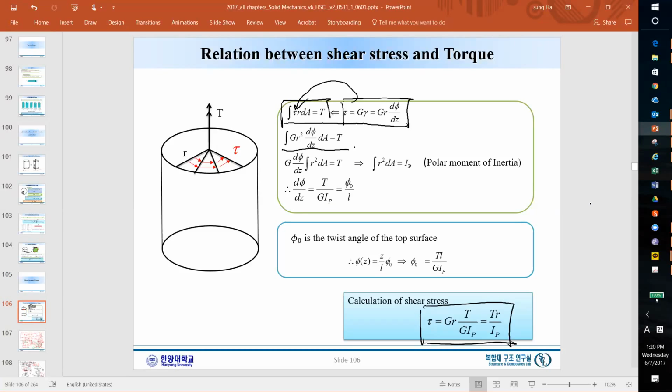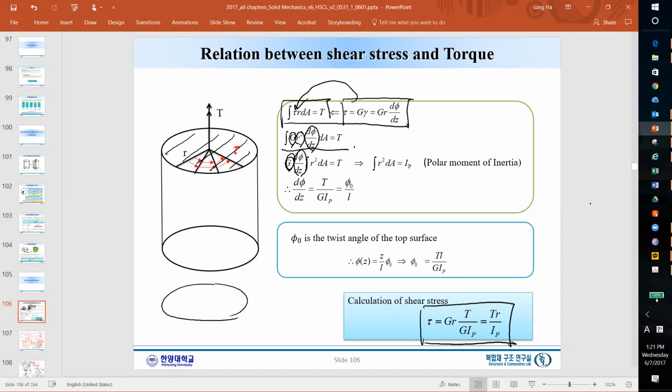Now, a very important point in this derivation is G, R, and dphi dz. dphi dz is always a constant and can come out of the integration. But please pay attention to G. G can come out of the integration when the whole shaft is made of one material.